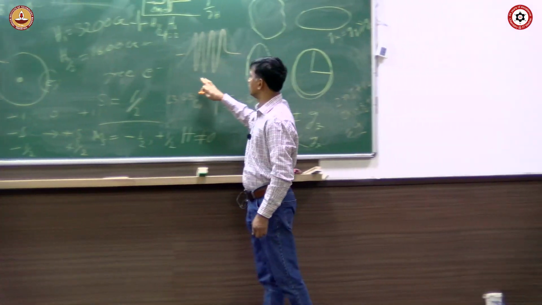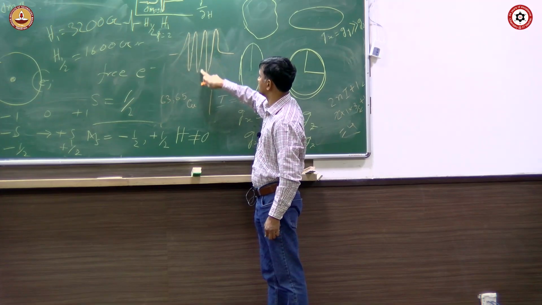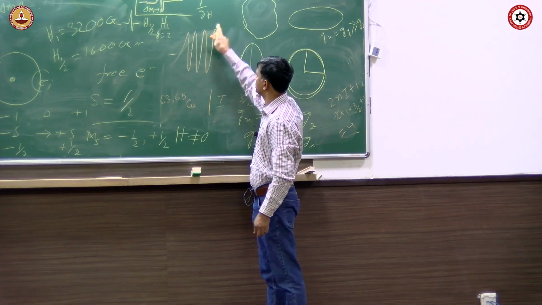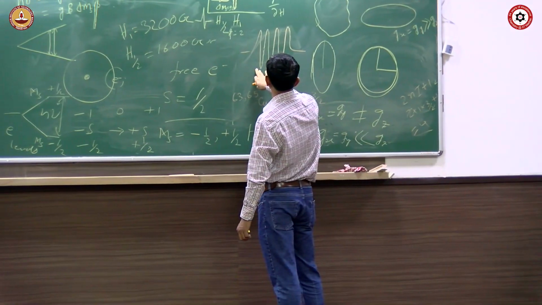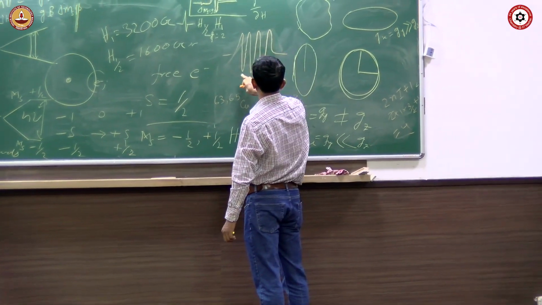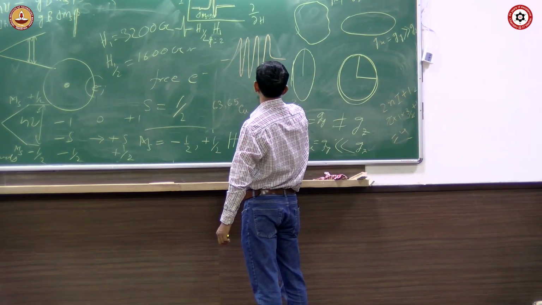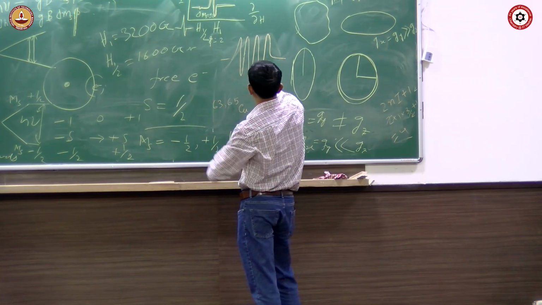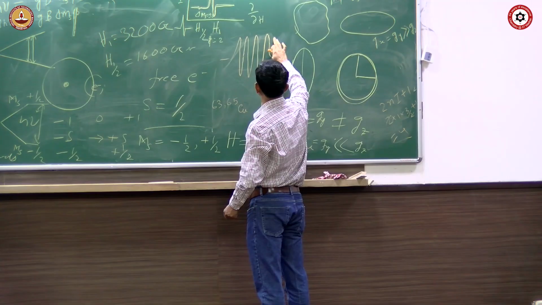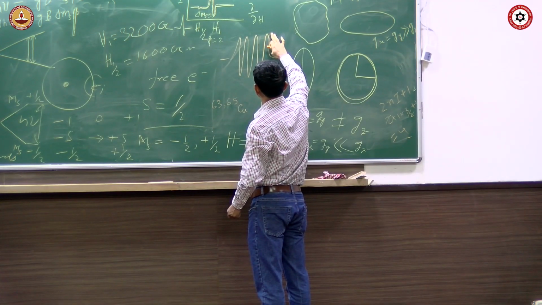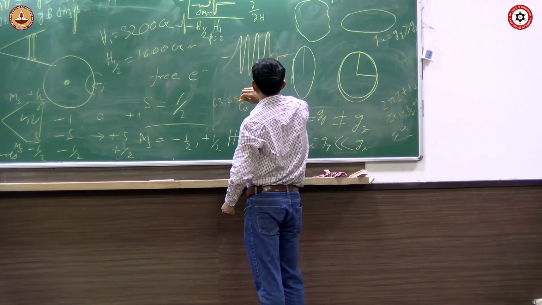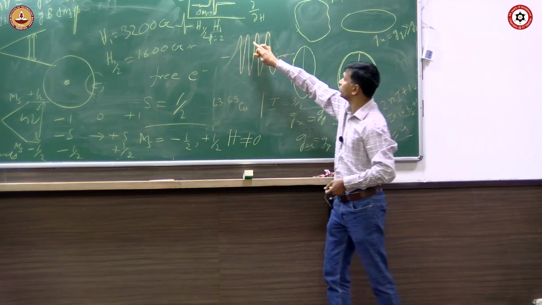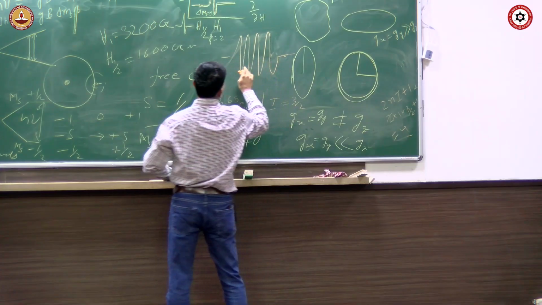Now in EPR spectroscopy you should not keep changing the reference, you have to count from either this side or this side. Here you see 1, 2, 3, 4, and here 1, 2. Something is wrong, so we have to redo it. Okay, now it's fine. These are the 4 signals, and where is the center?